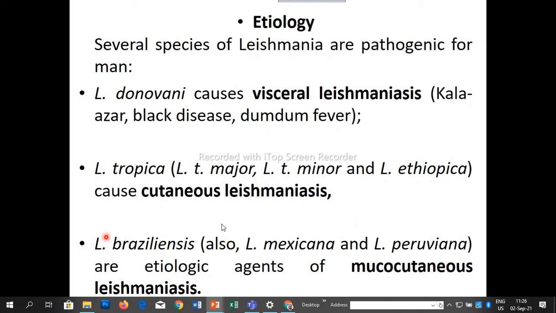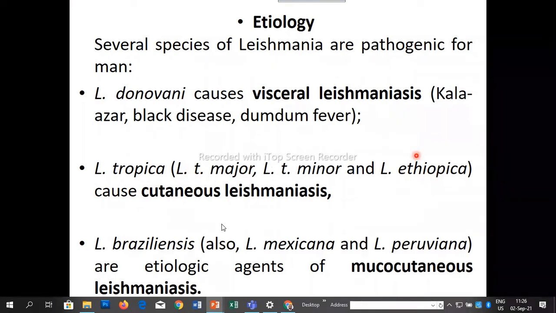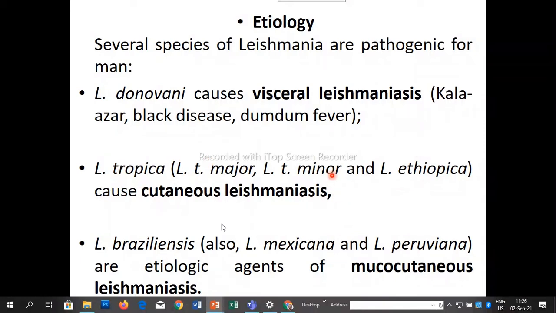This is South America. Brasiliensis, Mexicana, Peruviana, they are in South America. But this one, Tropica, major and minor, Ethiopica, you can understand that this is a tropical area, including East Africa.